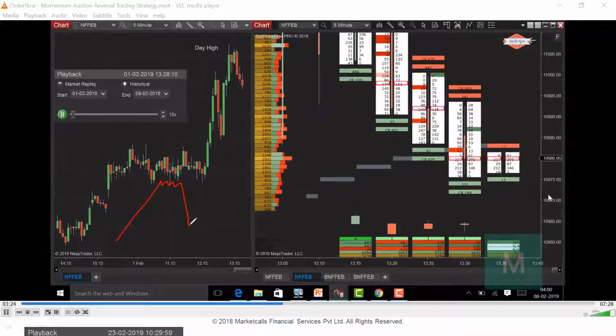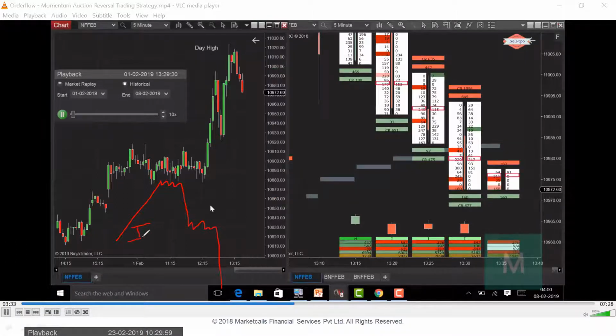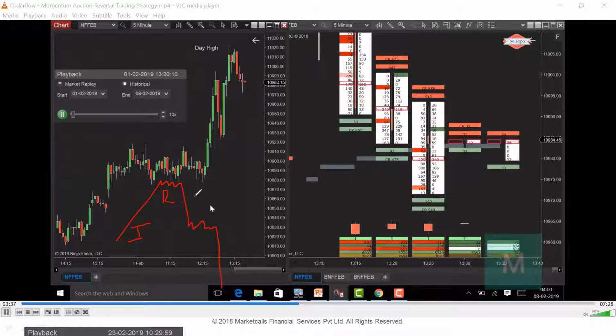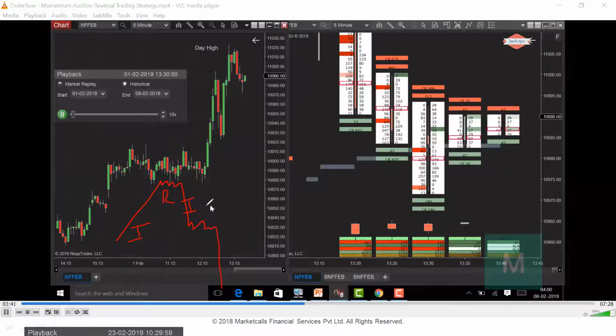And then again it was doing some sort of an initiative. Again it went down, a little bit of responsive here. So initiative up here, responsive here, initiative down here again, then responsive, again initiative down.